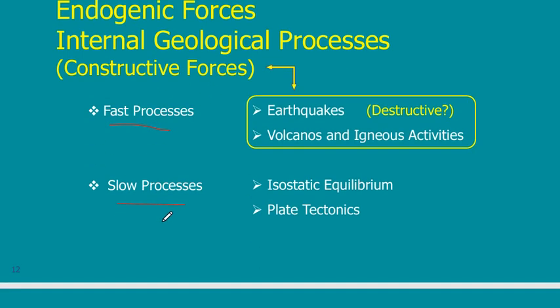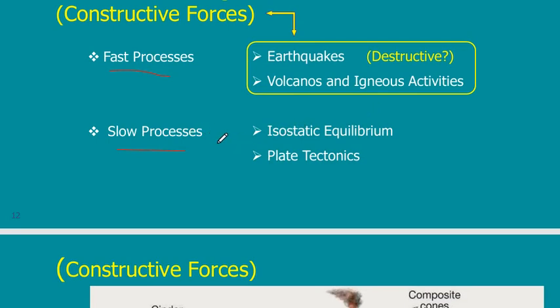Slow process means that the layers themselves can move vertically up and down, and this we can call isostatic equilibrium. This is very slow. For the layers to move from up to down is a very, very slow process. Or plate tectonics.